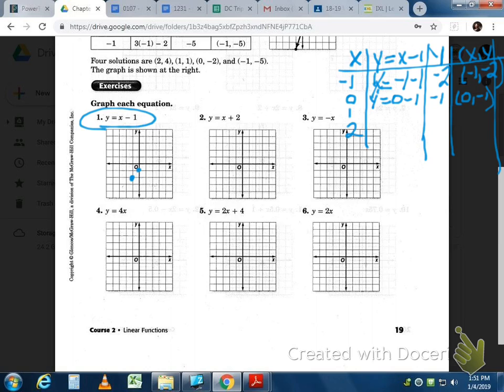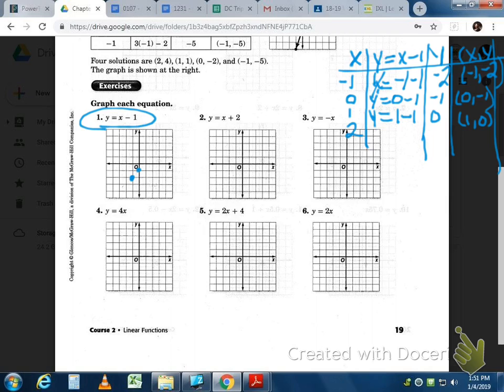Okay, go back to the function table. x is 1. y equals 1 minus 1. What is that? 0. So what is my ordered pair, Andrew? It's 0, 0? What's my x? x is 1. And what's the y? 0.